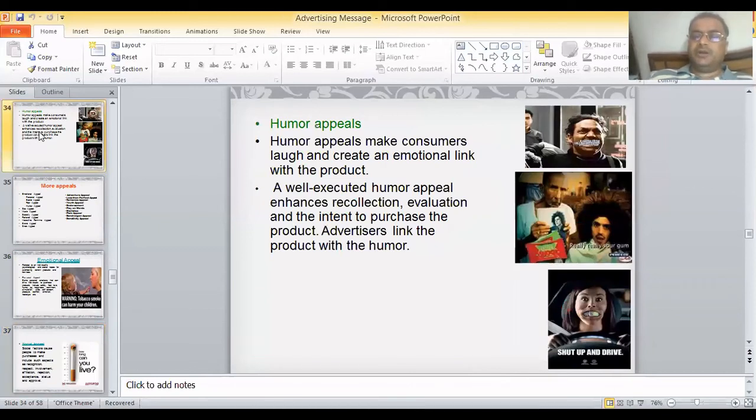Then come the humor appeals. Humor appeal is basically one of the most popular appeals or themes being used these days. If you look across all the advertisements, humor is the most common one being used. Like Mentos, which says Dimag ki batti chala de, Happy Dent, and most of the chewing gums are doing this.